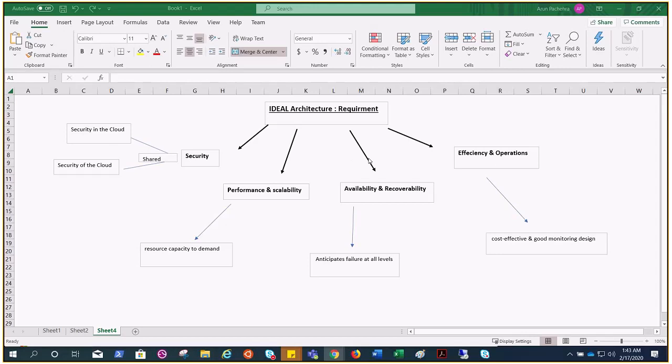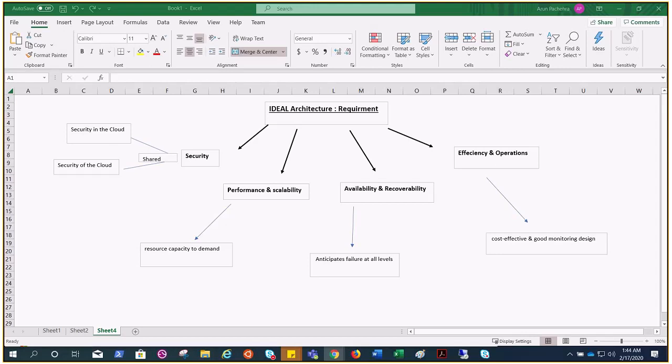So every organization will have different priorities, and those priorities would impact the design. But here we are talking about the ideal architecture. As per the requirement of the customer, things would change. But for an ideal architecture, we need to consider these 4 points all the time.